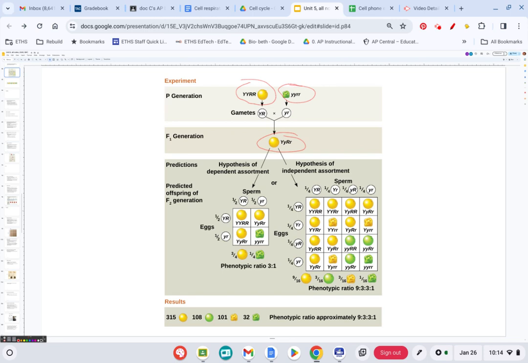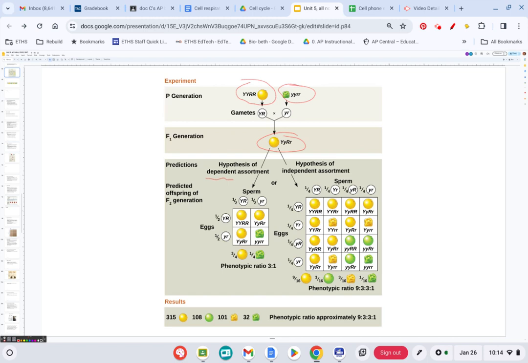And then I can either let them self-fertilize or I can cross-pollinate. Either way, I want to see what kind of seeds I get, and in what percentages I see them in my offspring. So there are two predictions.